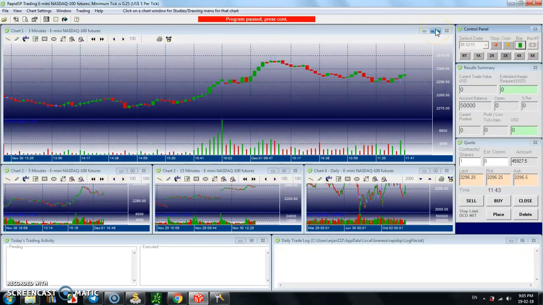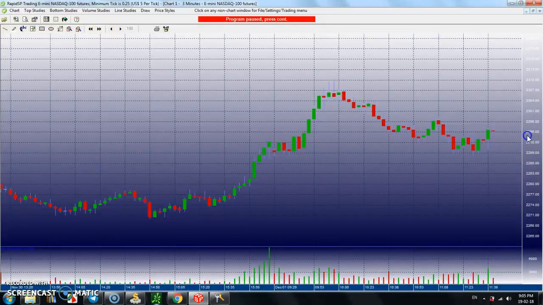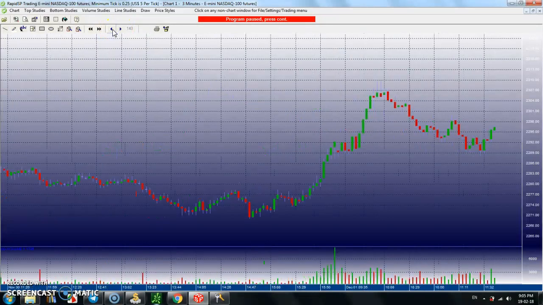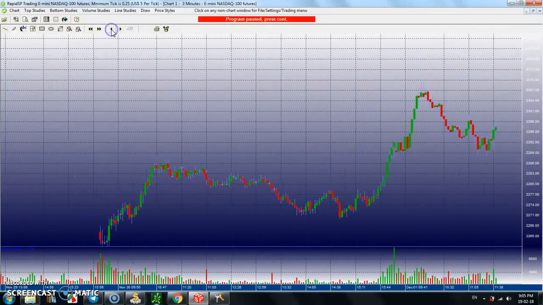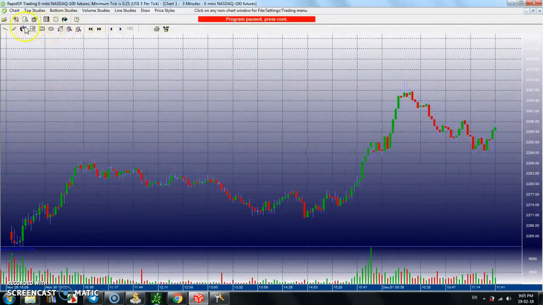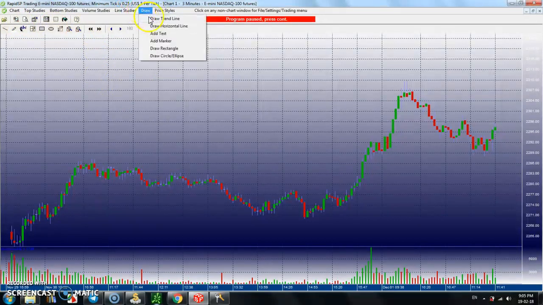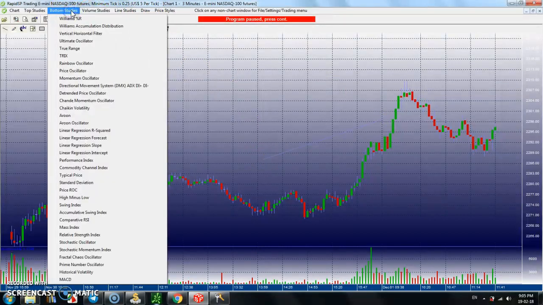Let me see. This thing has volume. It looks nice so far. Expand horizontal. This is the zoom in part, and that's the zoom out. You can draw different things, like trend lines. Volume studies, bottom studies, Williams percent range. The rest of the indicator functionality is pretty much similar to Forex Tester.